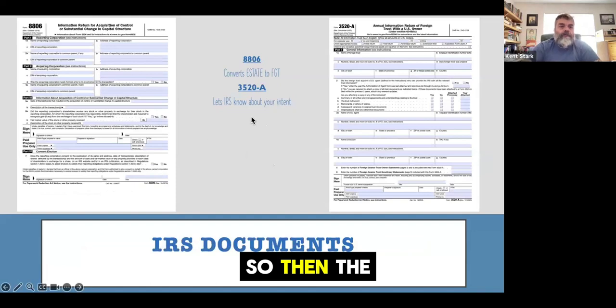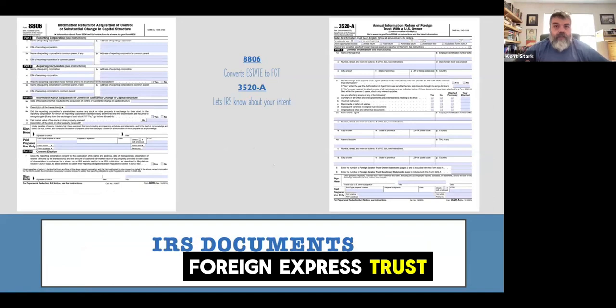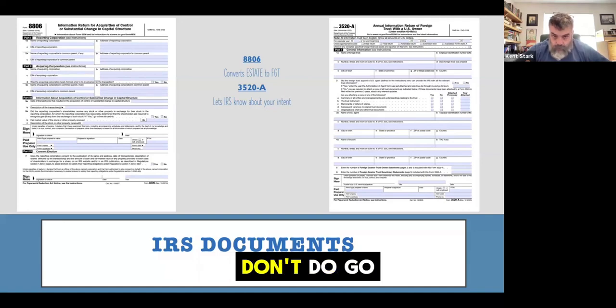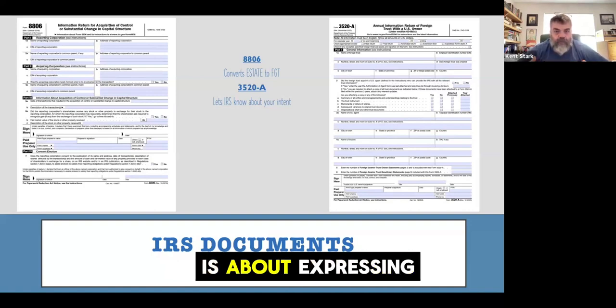So then the next thing is, once you create the trust, it's an express trust. If you do it under a foreign jurisdiction, then it's a foreign express trust. But you still haven't expressed to the government what it is and what you're doing. Some people don't go this far, but it's not a foreign grantor trust unless you do this, and this is about expressing grant.